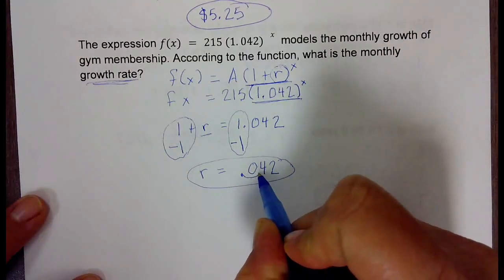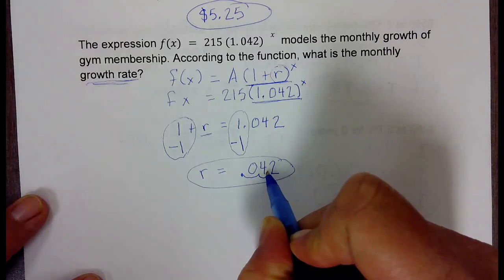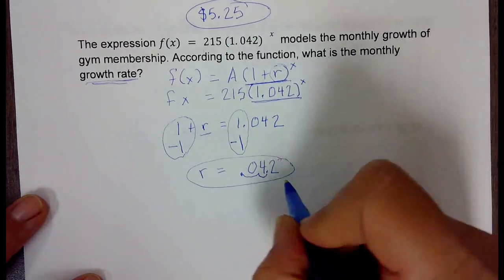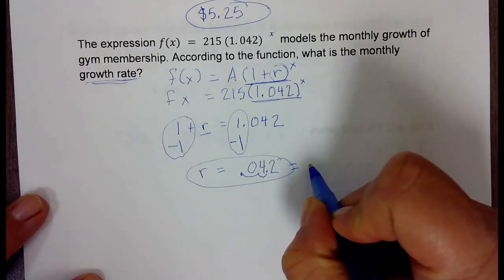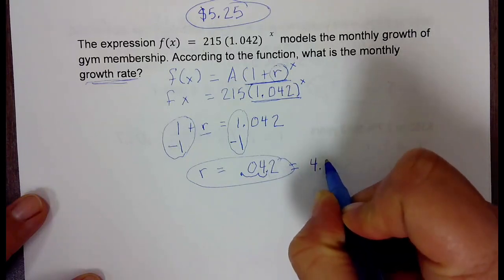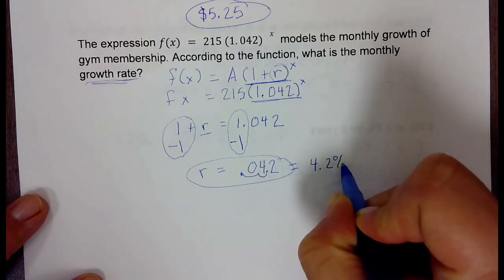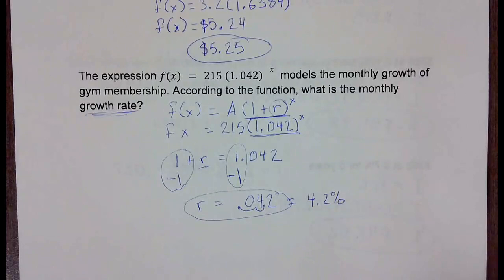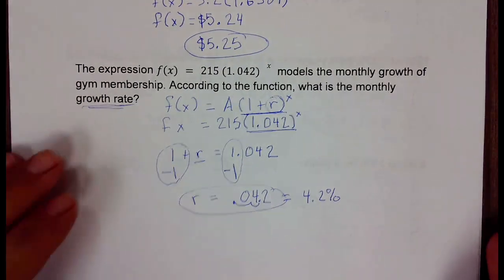So here I go, 1, 2. My new decimal place will be right here, and this is going to be 4.2%. So the gym membership is growing exponentially at a monthly rate of 4.2%.